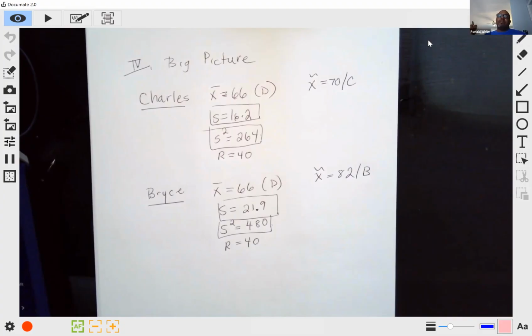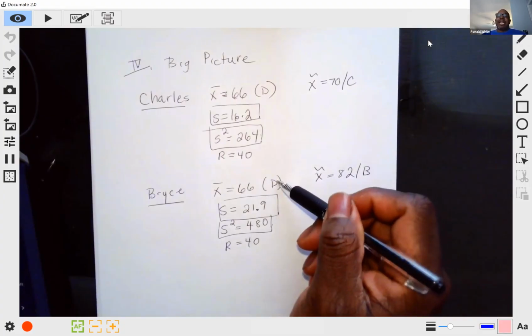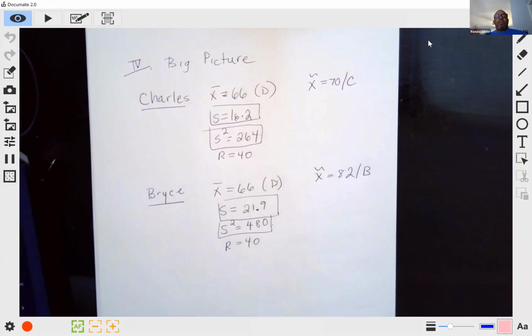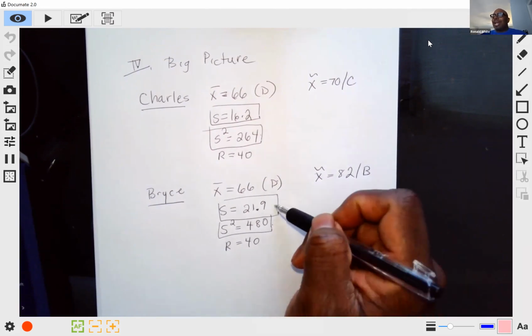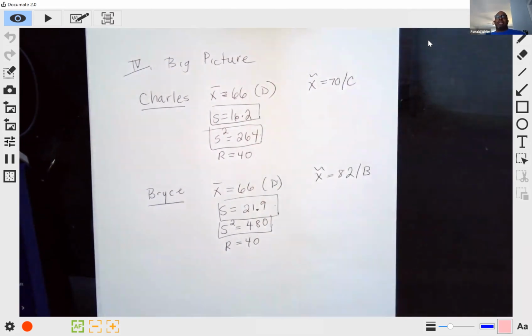If it's further from the 66, then Bryce should have a higher grade than Charles. That's what that means, because 21.9 is larger than 16.2. Bryce's grades are better than Charles's in the sense that they're further away from that D.